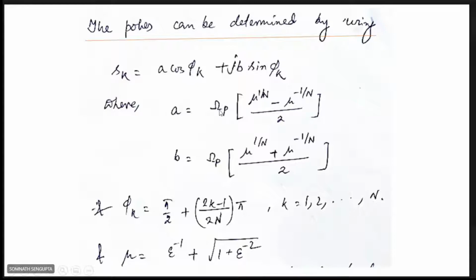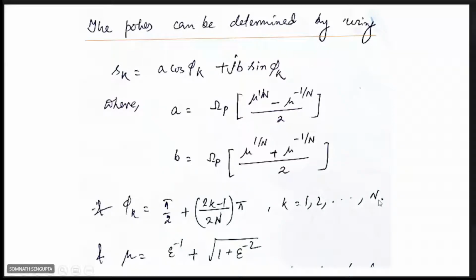A is dependent on passband frequency omega p and b is dependent on stop band frequency, and this is multiplied with another term related to mu. Mu is epsilon inverse plus root over 1 plus epsilon to the power minus 2, and phi k formula is pi by 2 plus (2k minus 1) divided by 2n into pi. Okay.